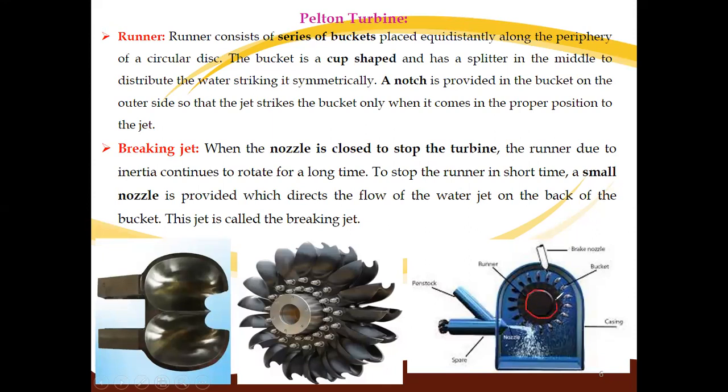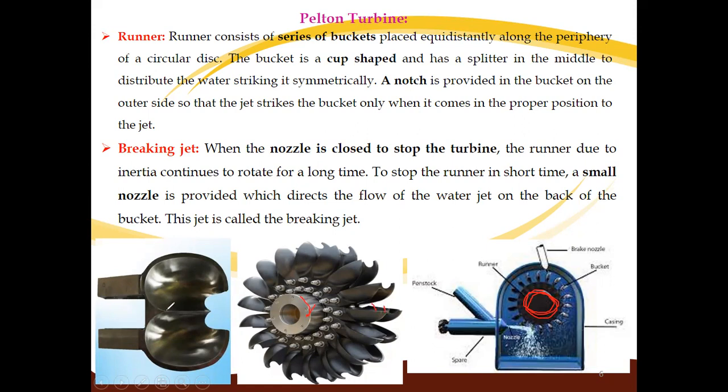It is also called a rotor, as well as a runner. And these buckets or vanes, a series of buckets or vanes, are attached or fixed to this rotor part. So this is the rotor part, and these are the number of buckets.